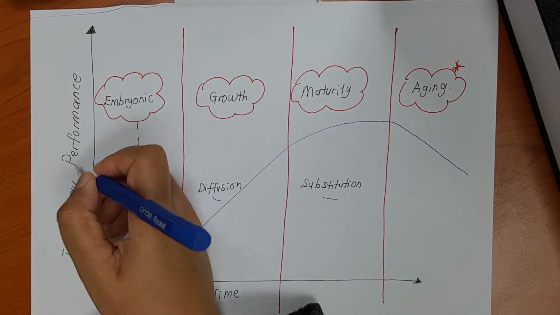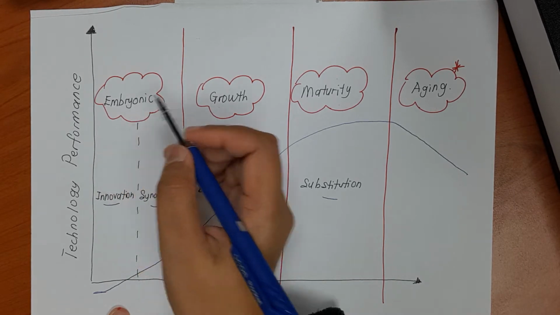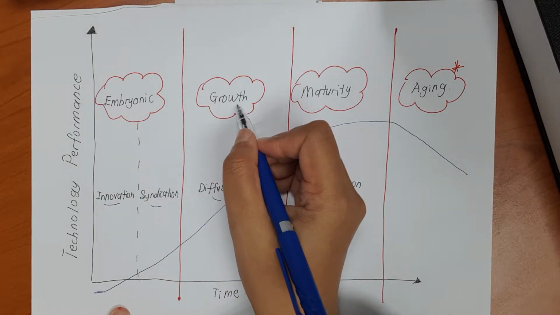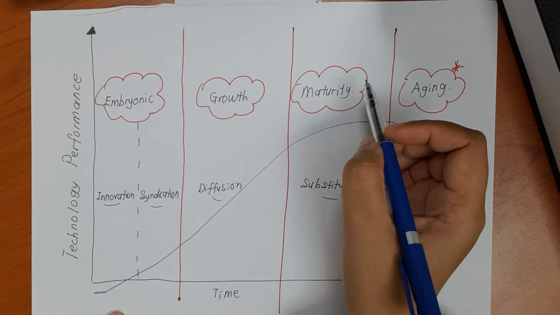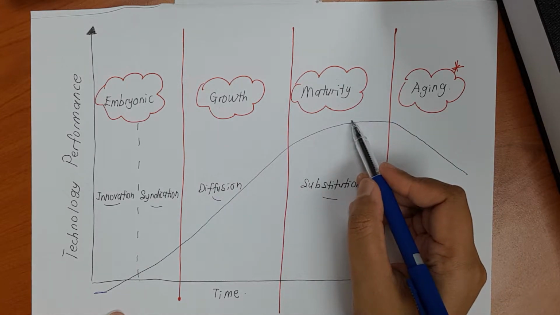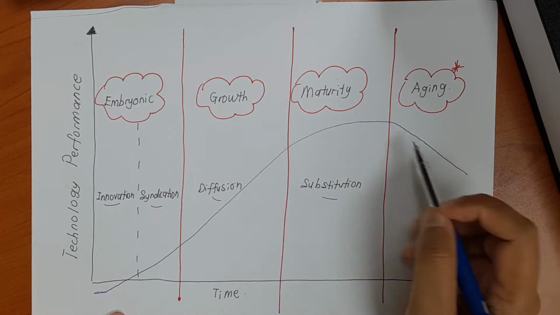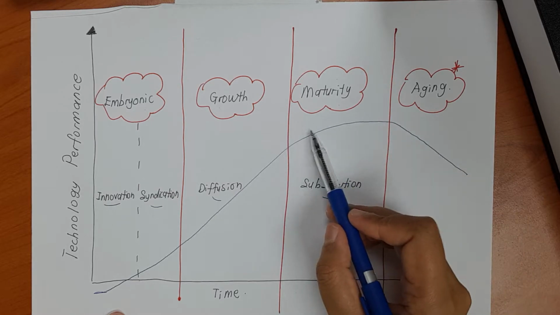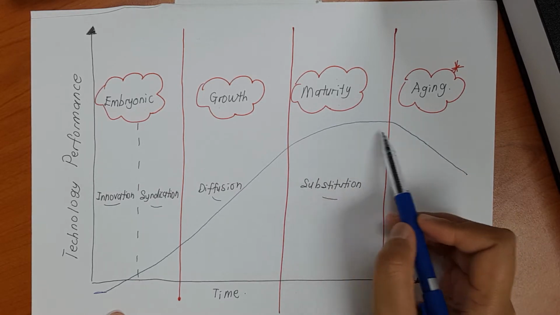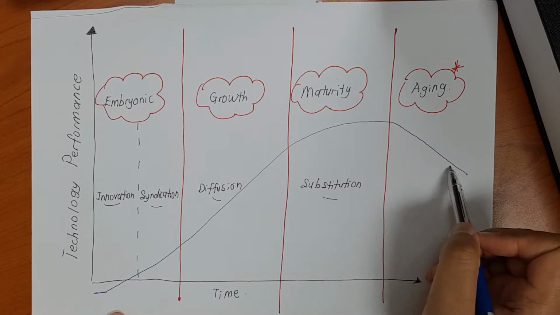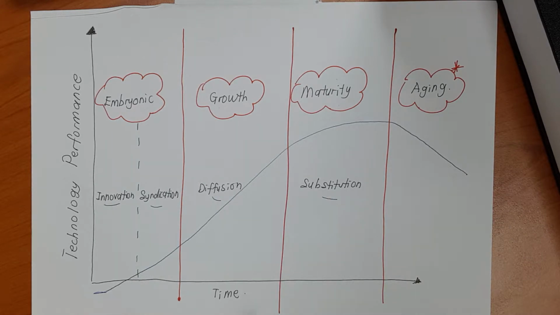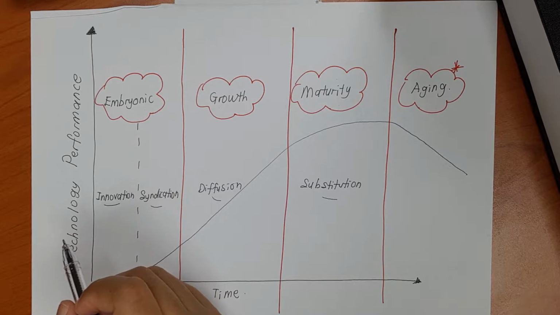The technology performance phases: embryonic, then the technology's performance grows, and then here we start maturity, and after a certain period of time, they go to the aging stage.